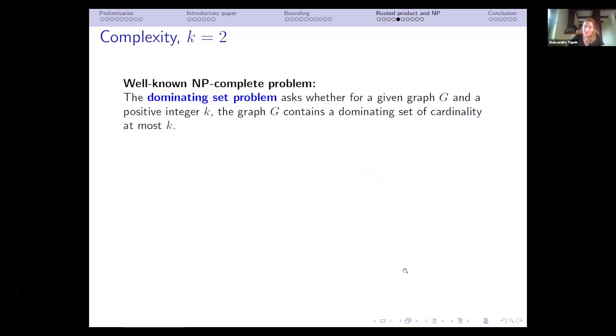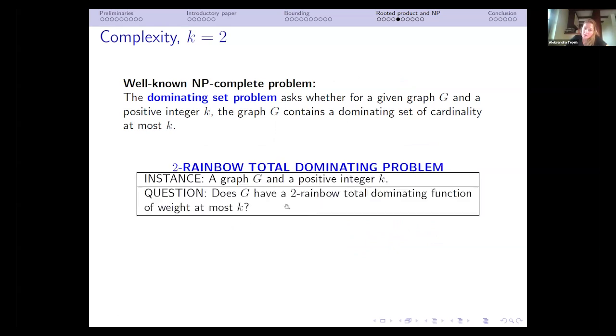Now, the last thing is the complexity. Recall that the dominating set problem asks whether for a given graph and a positive integer k, the graph contains a dominating set of cardinality at most k. And we ask if G has a two-rainbow total dominating function of weight at most k.